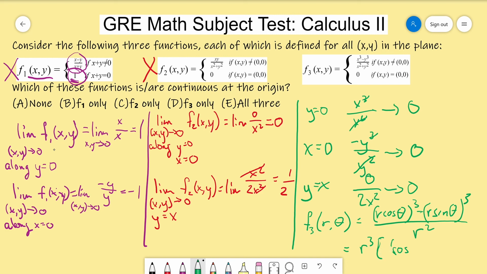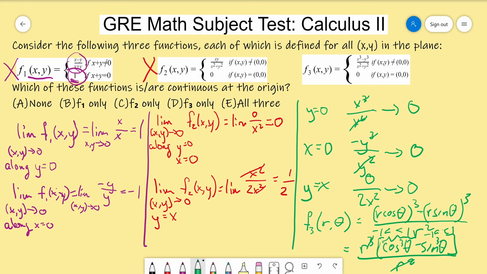So then we get cosine cubed theta minus sine cubed theta. And then the r squared in the denominator is going to cancel out with two of the r's in the numerator, and we'll have r times (cosine cubed theta minus sine cubed theta). Now what you can notice here is that cosine cubed is always between -1 and 1, and same thing with sine cubed.